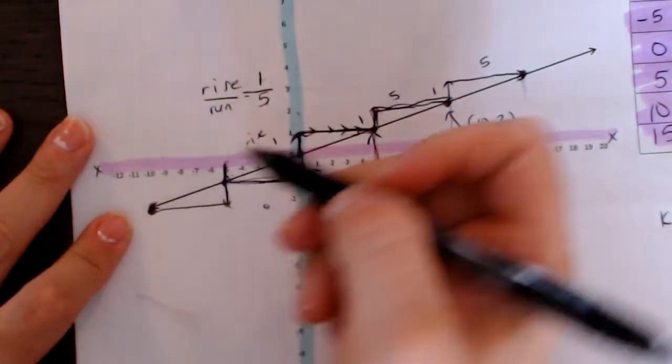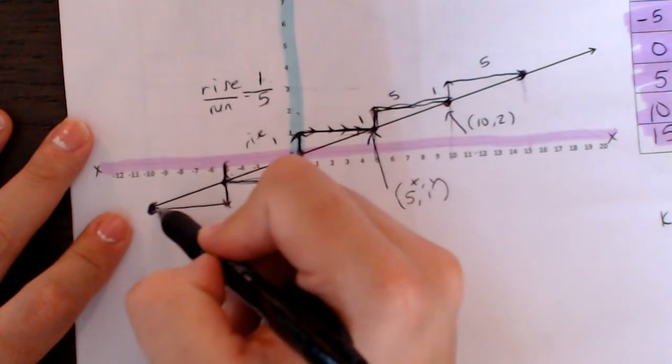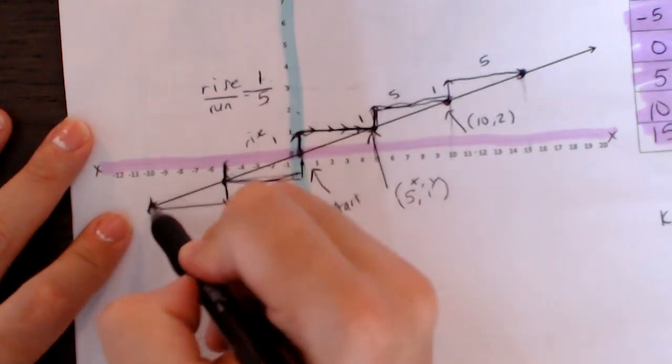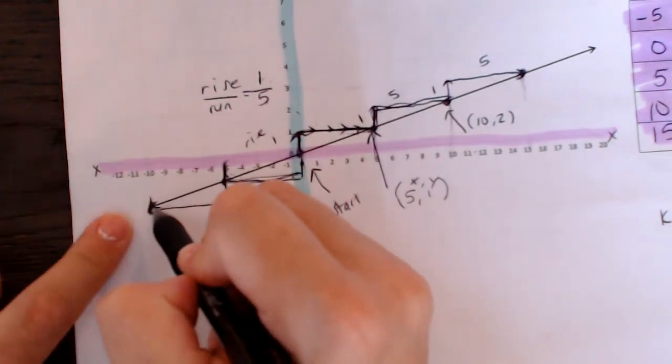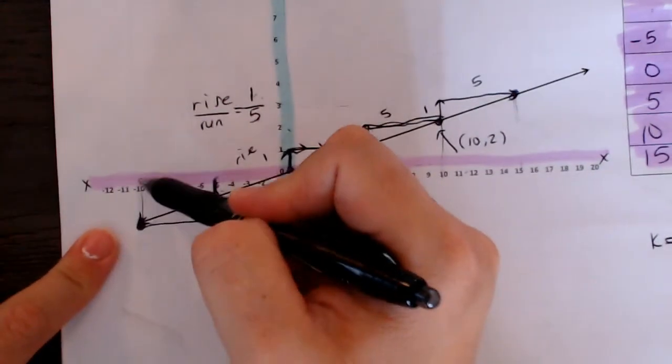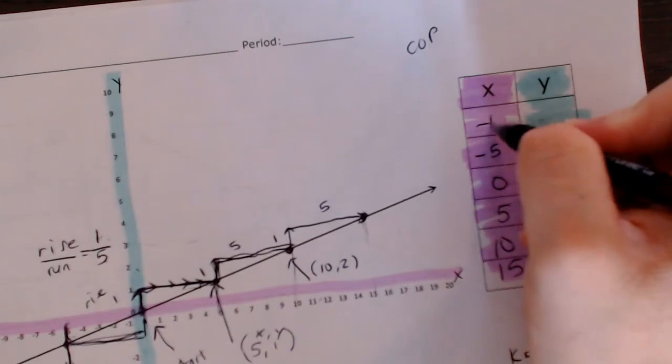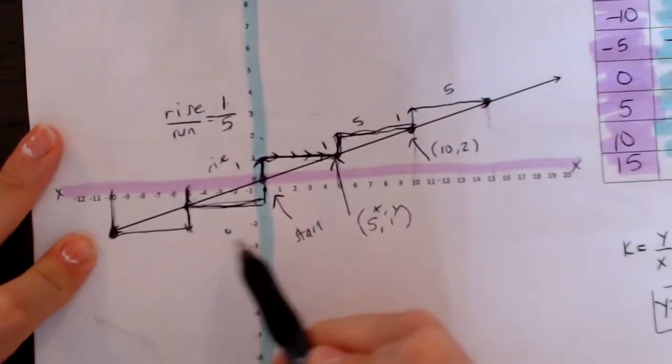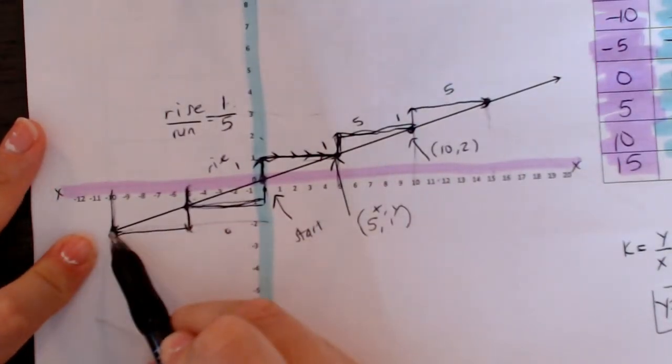Either way, clearly you can see that this line meets right there in that corner. So what is this point's name? It starts with the x, which is lined up right here, which is negative 10, and negative 2.